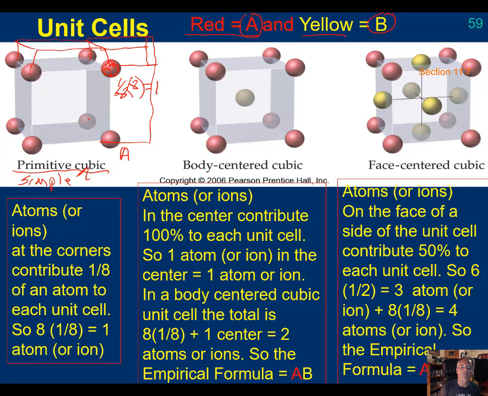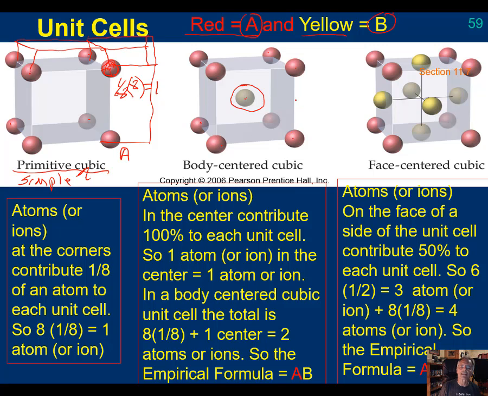Here we have a body-centered cubic, and in a body-centered cubic, you have an atom or ion that's dead set in the middle of the structure. And so easily, that contributes all of itself to a single unit cell. Again, we have the 8 1/8 of the reds on the corner.